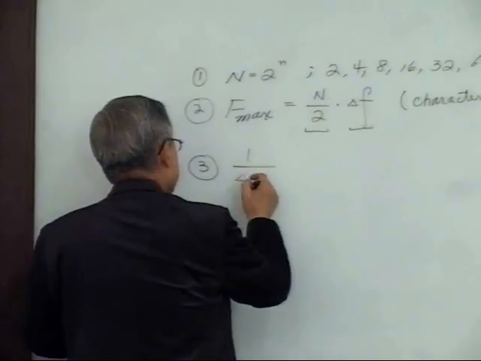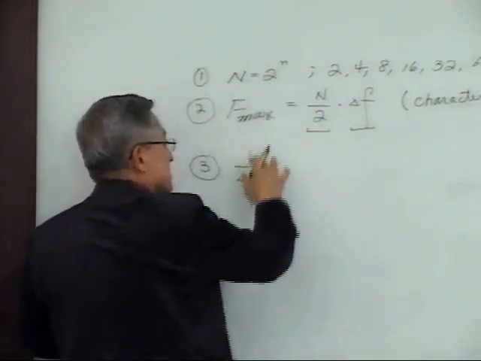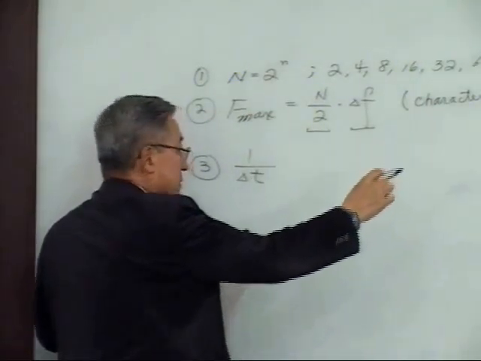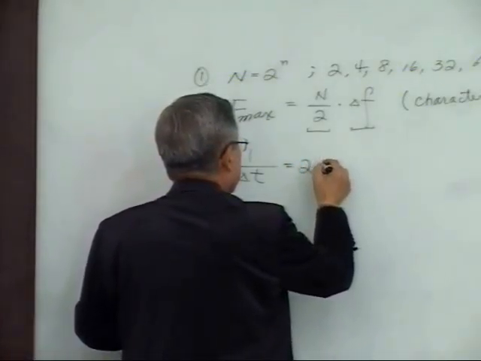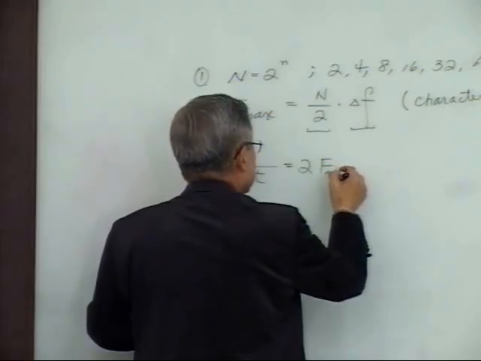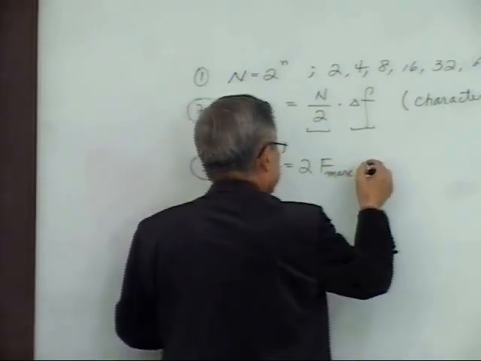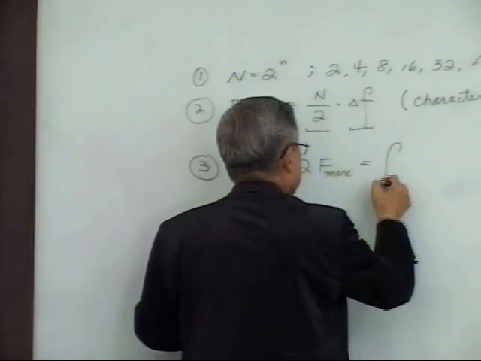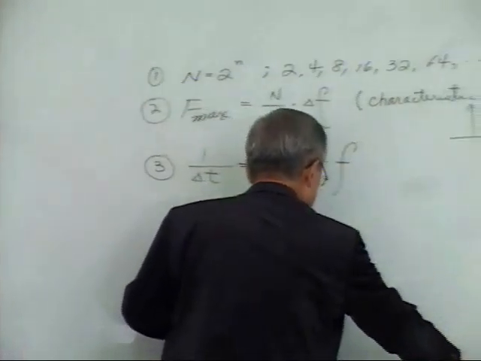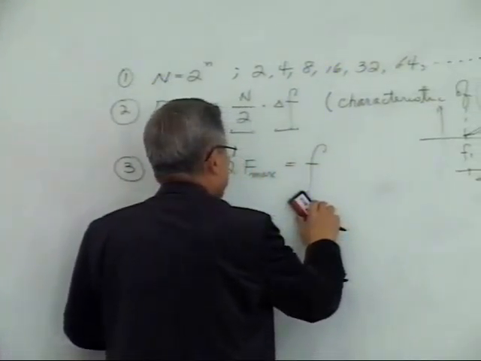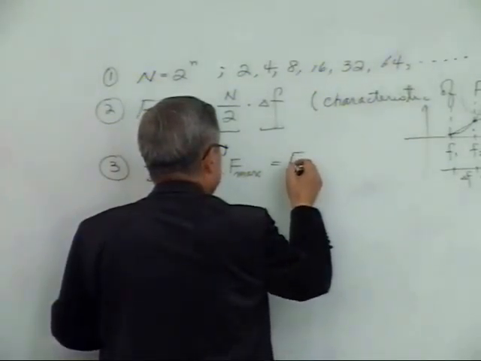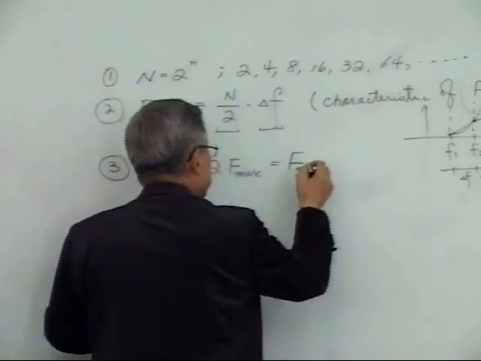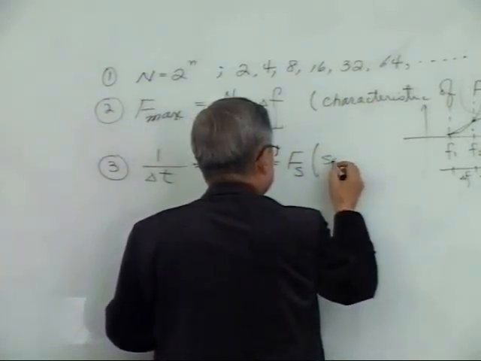And 3, 1 over delta t, all this stuff is right in the table, is equal to 2 times F max, which is called, I use lowercase f or uppercase F, it really doesn't make any difference, the sampling frequency.